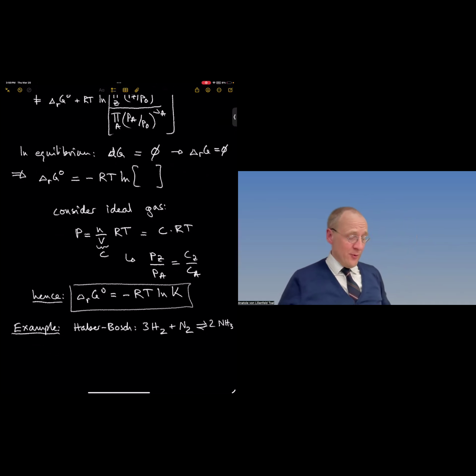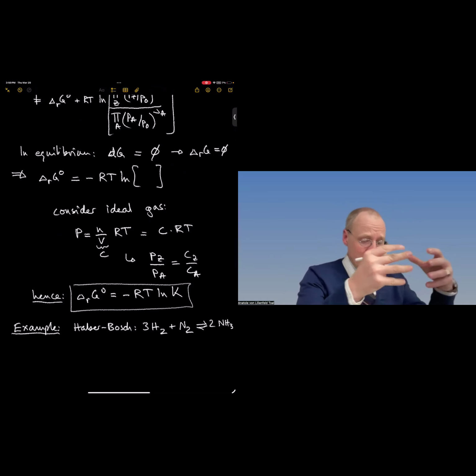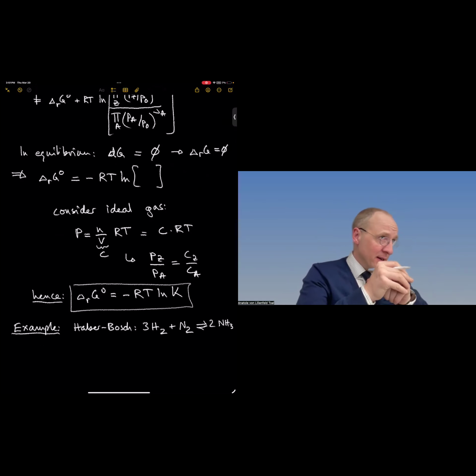Now, one of the reasons why your delta G doesn't like that is that the stoichiometry is working against you, right? So ammonia is, of course, the starting material for fertilizers.